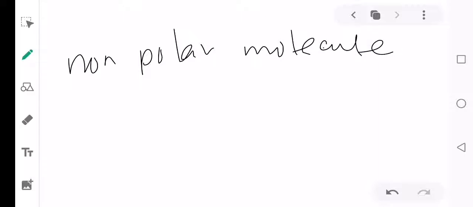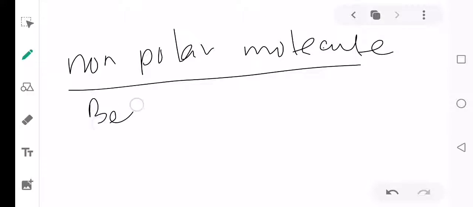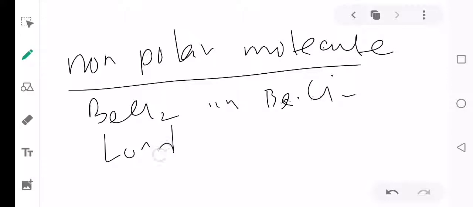It means if this molecule wanted to be soluble in water, the molecule must have or can form hydrogen bonds. Right now between BeCl2 and other BeCl2 there are only London forces, so there is no hydrogen bond.